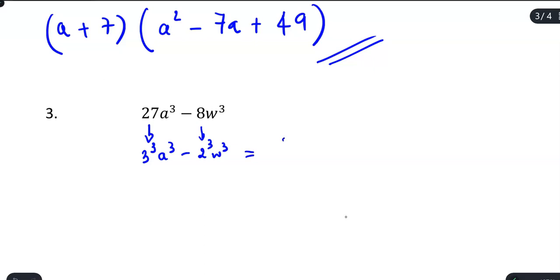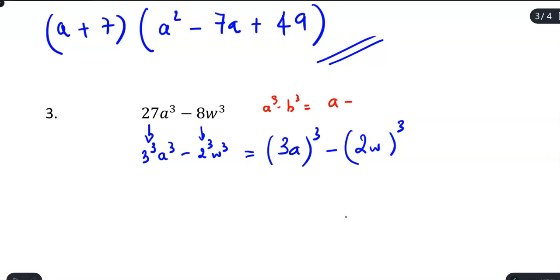So then I can have it as 3a all of it cubed, subtract 2w all of it cubed. Then again, let's write the formula down: a minus b, a squared plus ab plus b squared. And don't forget, this is your entire a, this is your entire b.